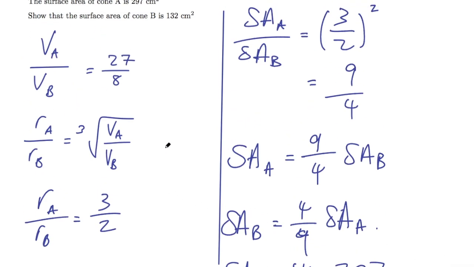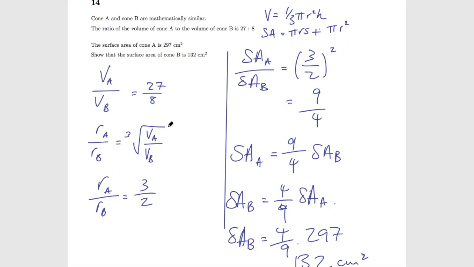Centimeters squared, very important. Okay, so let's just go over again what I've done there. So I've taken the ratio of the volumes, I've taken the cube root of that ratio, and I've got the ratio of the sides, and I showed you why that worked. And then I take the ratio of the sides and I square that to get the ratio of the surface areas.